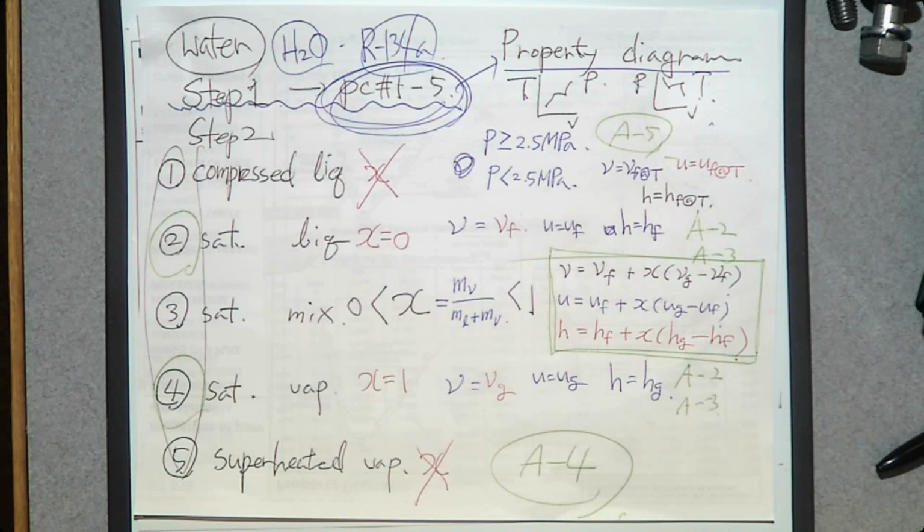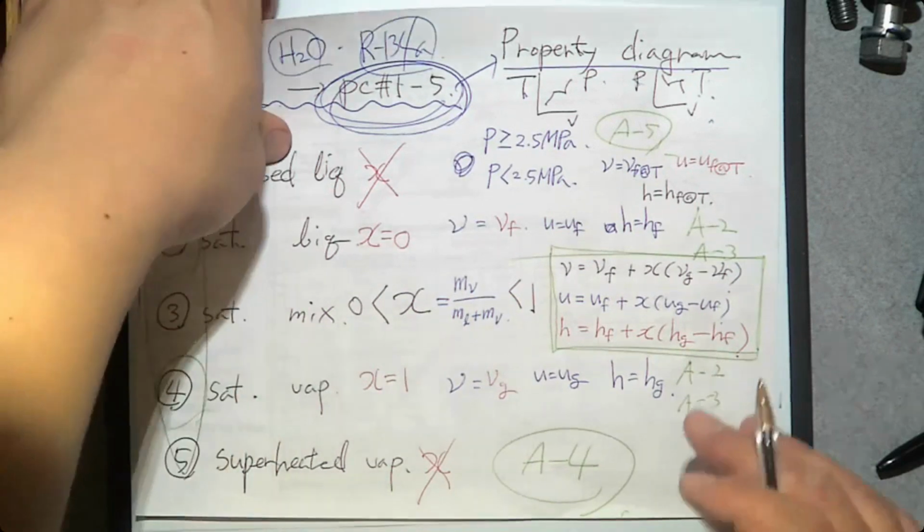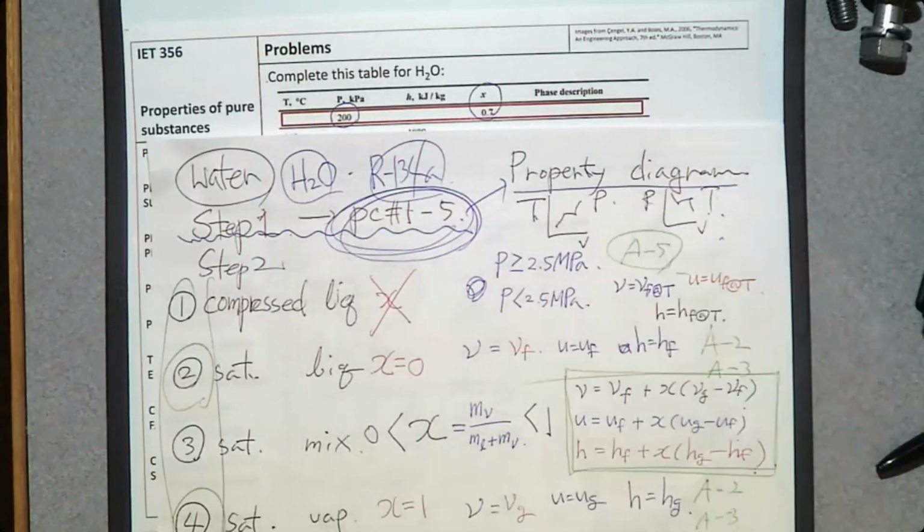There is no quality X for superheated vapor or compressed liquid. In this problem, the quality X is 0.7, which is between 0 and 1, so you can determine that the phase change process is a saturated mixture.